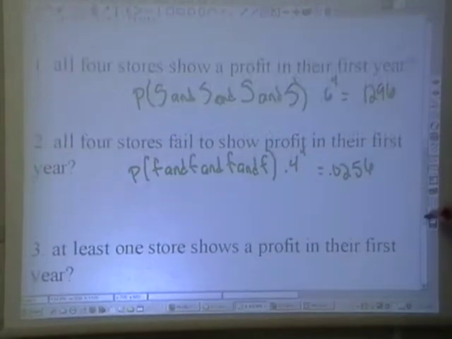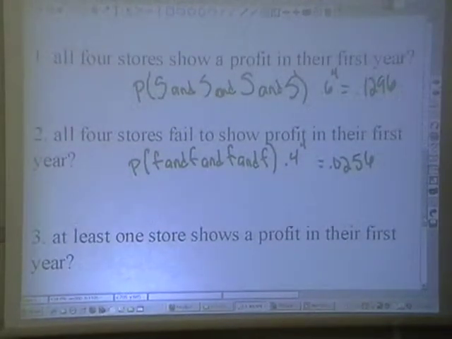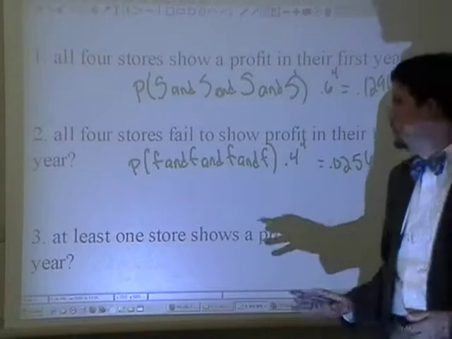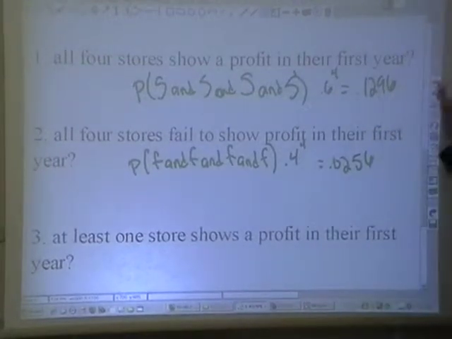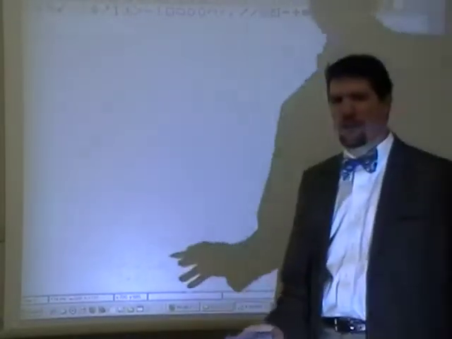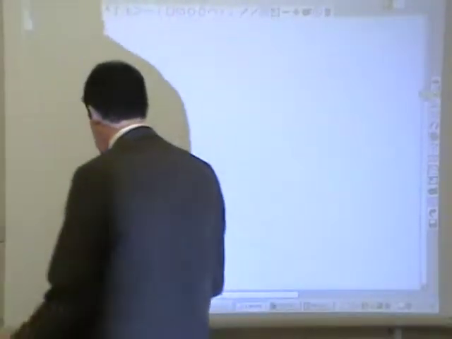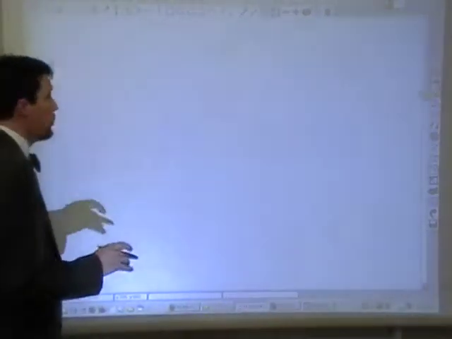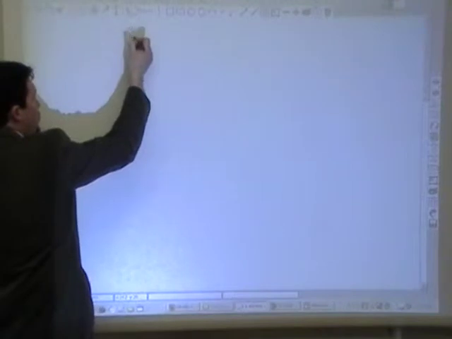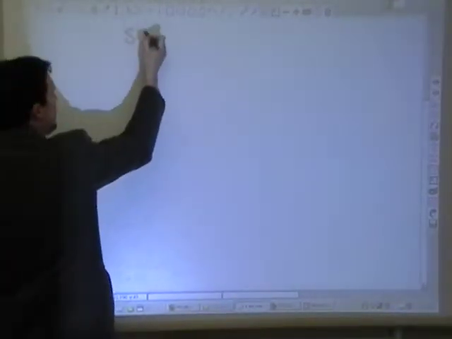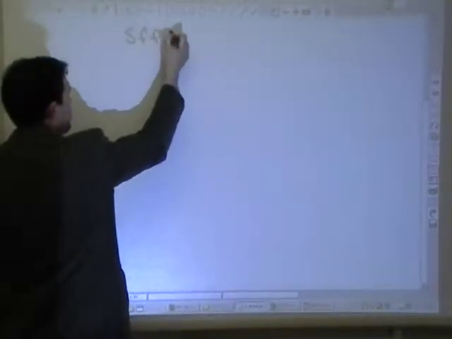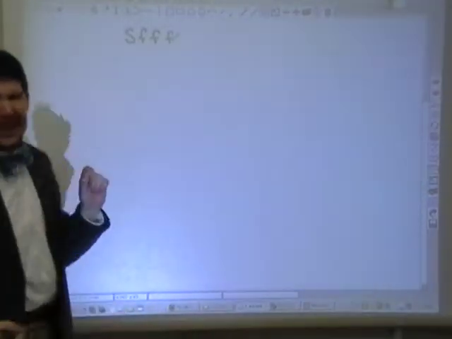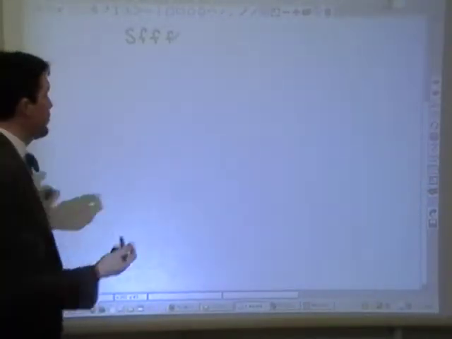Okay. At least 1 store shows a profit in their first year. What does this mean? Okay, here's what this means. If we think about this as being stores, the first store could be successful, and then the second store could fail, the third store could fail, the fourth store could fail, and I would have at least 1 store being successful.